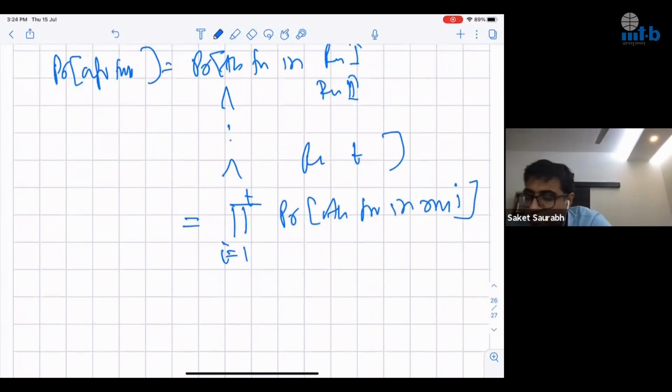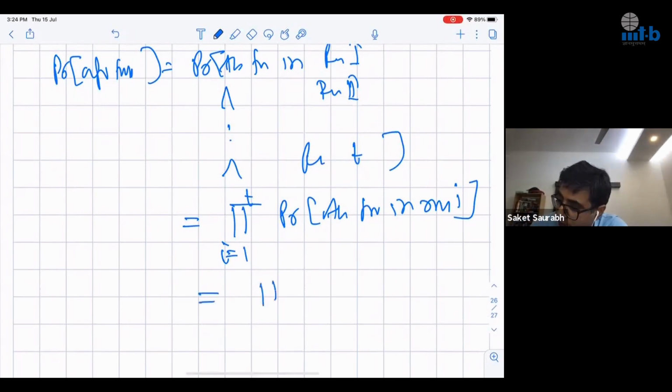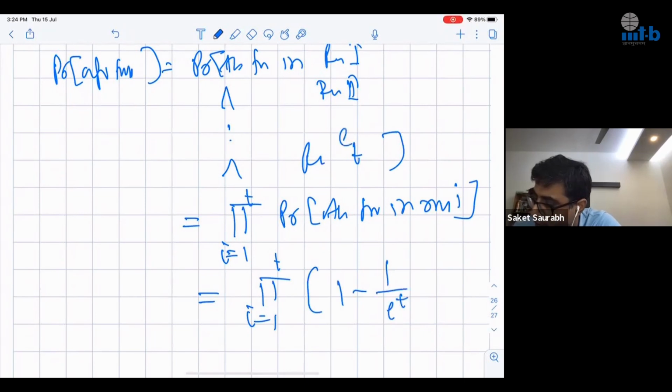We know that it succeeds with probability 1 over e to the power t, so it fails with probability 1 minus 1 over e to the power t. Sorry, this is my mistake: the number of rounds here is e to the power t.